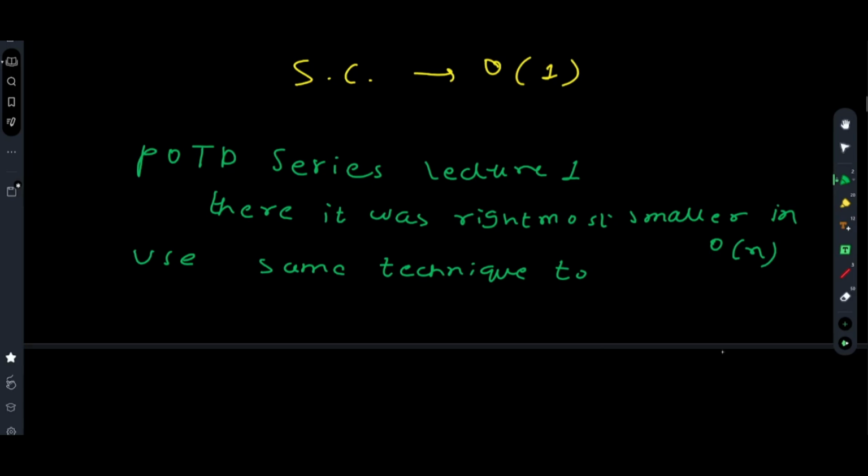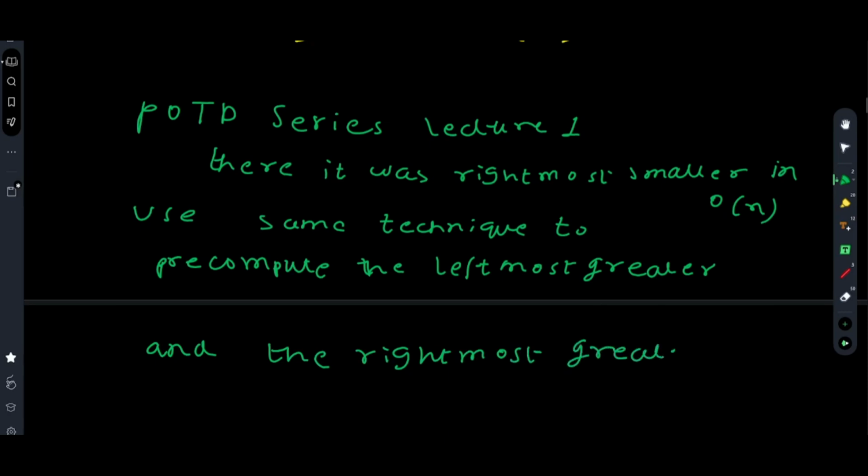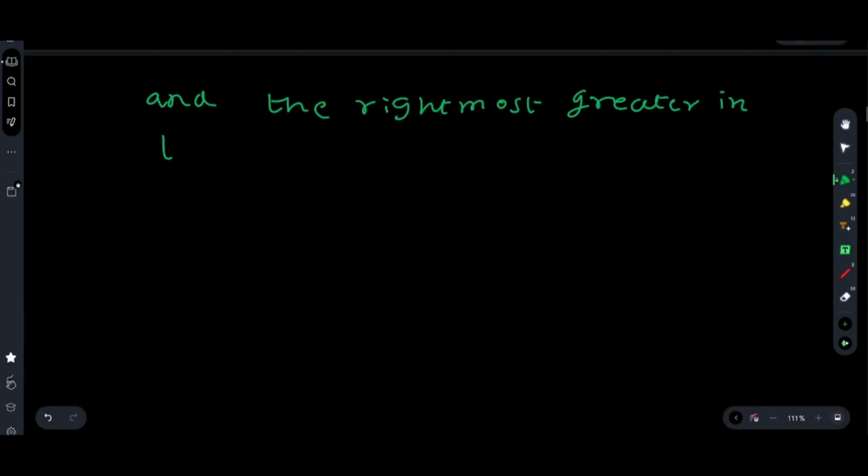So use the same technique to pre-compute the leftmost greater and the rightmost greater in two different iterations.